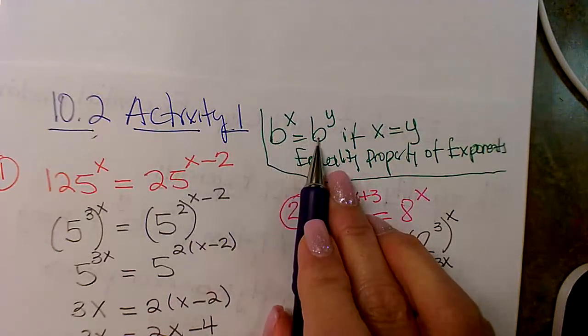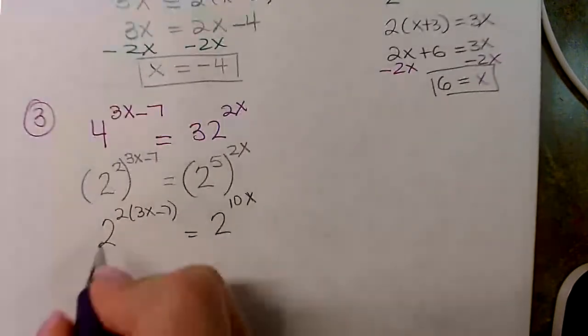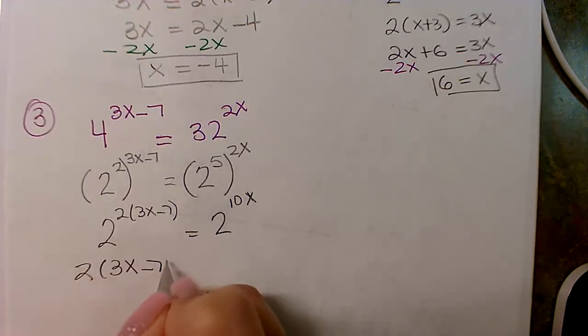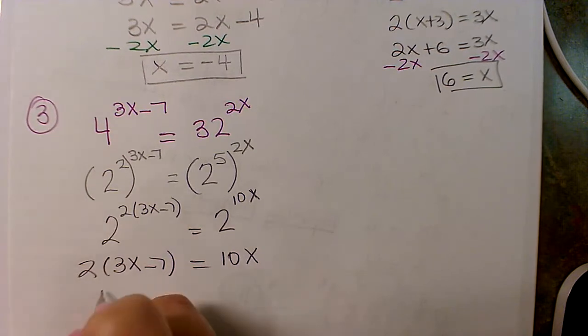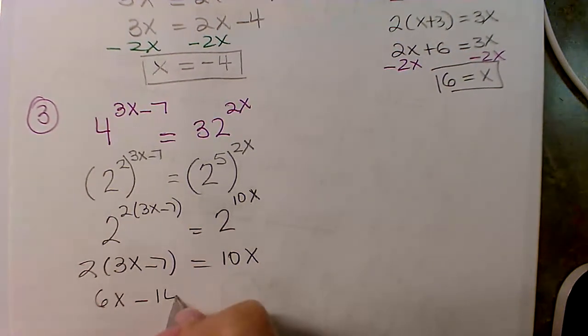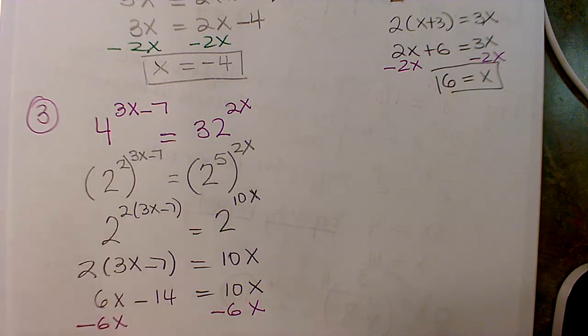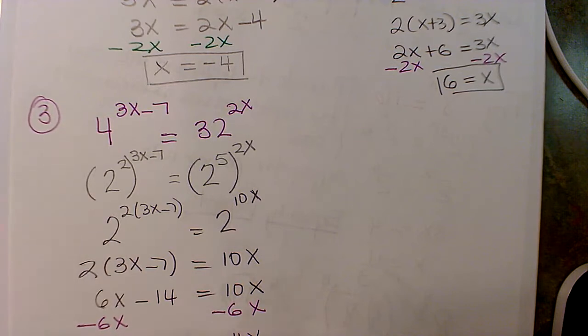This will be equal if the exponents are the same. So I'm going to distribute this 10x. Let me subtract that 6 on both sides, and what I get is 4x equals negative 14.